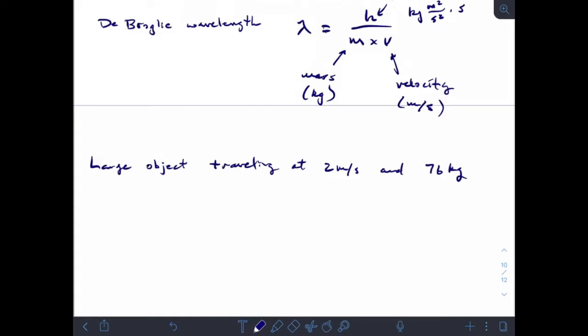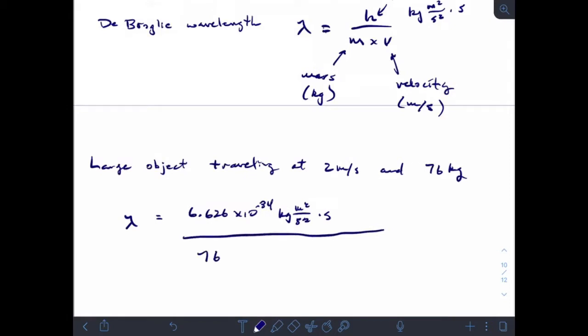Right, so the wavelength of that macro-sized object, Planck's constant, 6.626 times 10 to the minus 34 kilograms meters squared over seconds squared times seconds. We have mass, 76 kilograms, times the velocity, 2 meters per second. We convert that to nanometers.